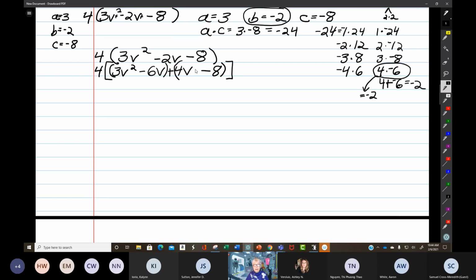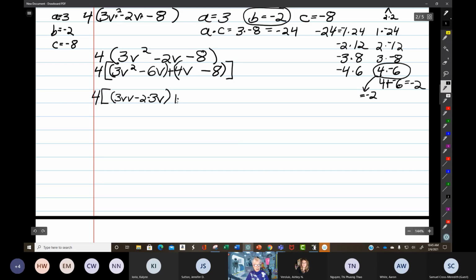I'm going to do the whole grouping thing. Okay, so I'll have 4 bracket paren. 3v squared is 3 times v times v minus 2 times 3 times v. Oops, there.